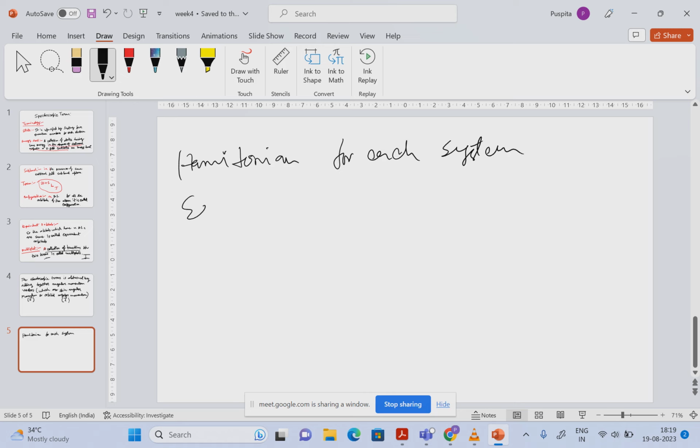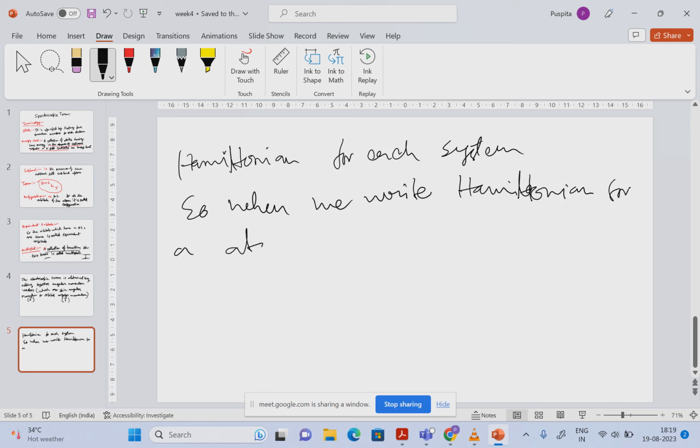So when we write the Hamiltonian for an atom, it consists of five terms. Okay.